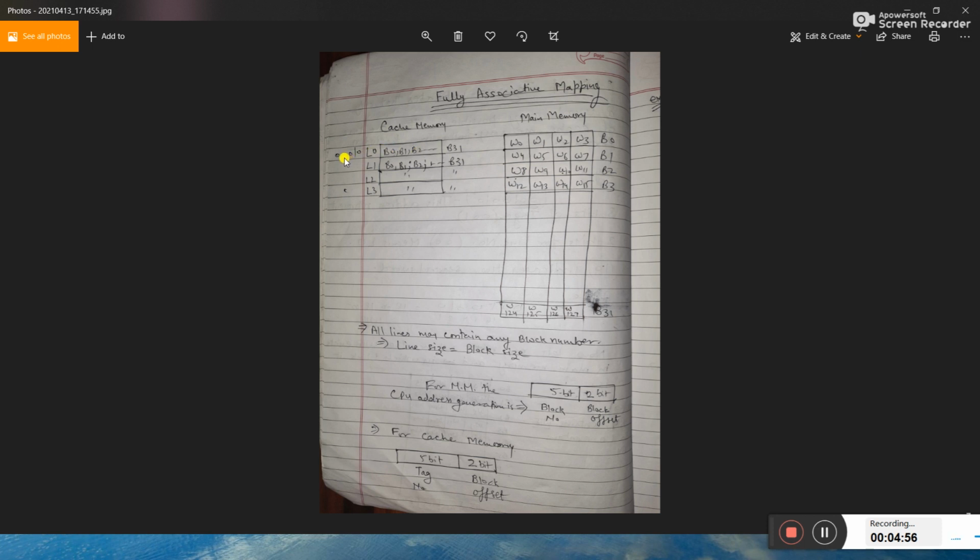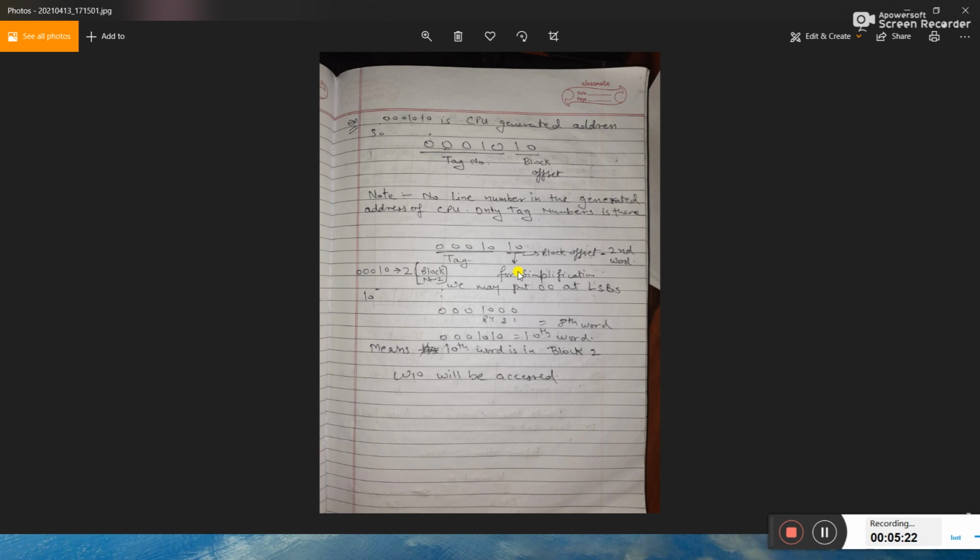This is defined in the memory management unit, and it knows which line number has been provided by this tag. By means of the lookup table, it will find which tag number is associated with which word.